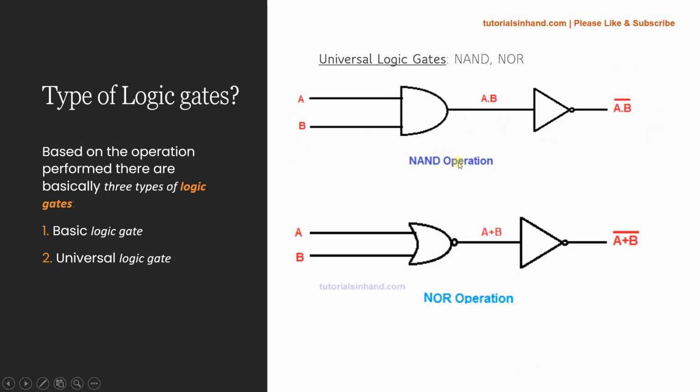This NAND gate is actually a combination of the AND gate and NOT gate. Similarly, the NOR gate is the combination of the OR gate and NOT gate, and based on these we get the final output for the NAND operation and NOR operation. This is the Boolean expression that you see written here. We are going to see these things in detail in separate video tutorials.